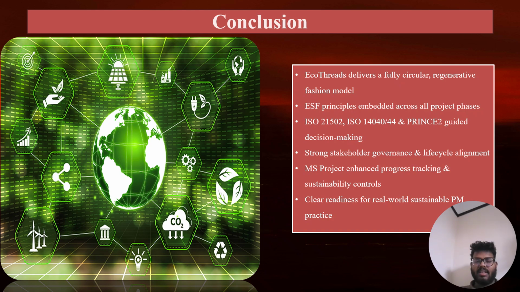Using Microsoft Project, my ability to track dependency, milestone, cost, and sustainability checkpoints reinforces professional project management practice. Overall, the process map workflow shows clear readiness for real-world sustainability project delivery.